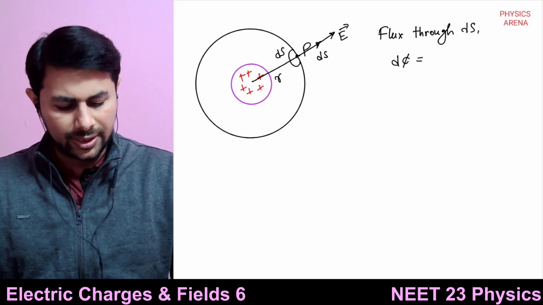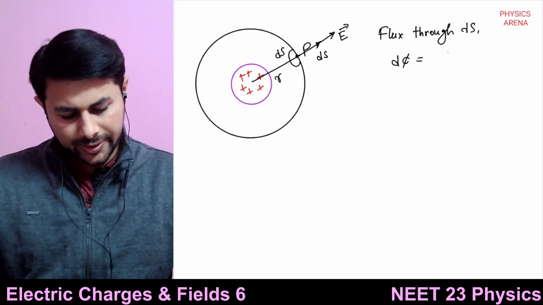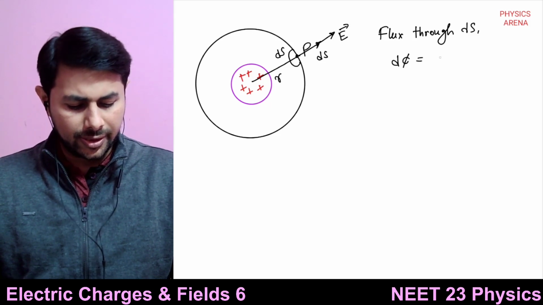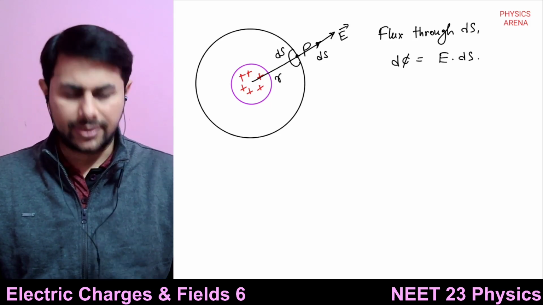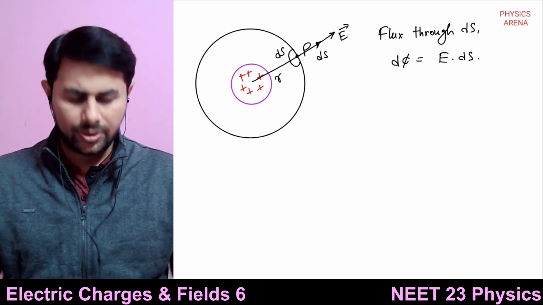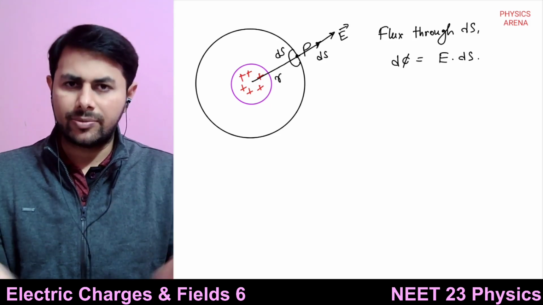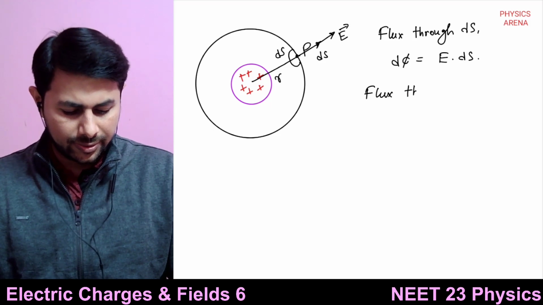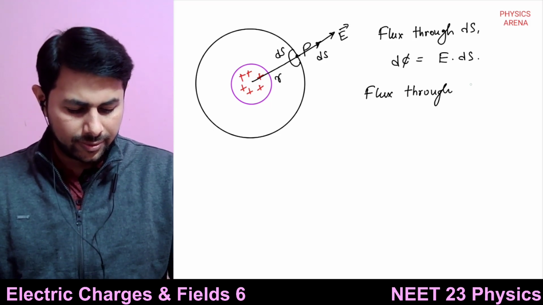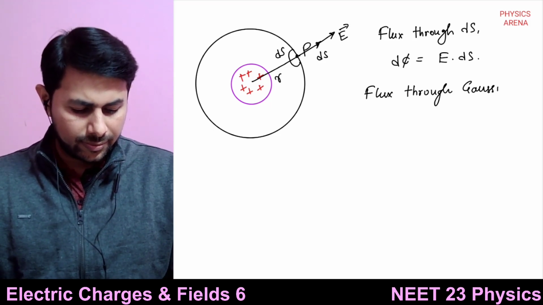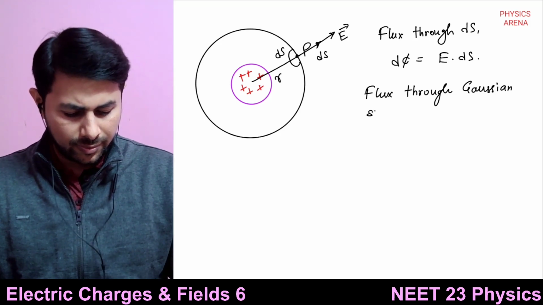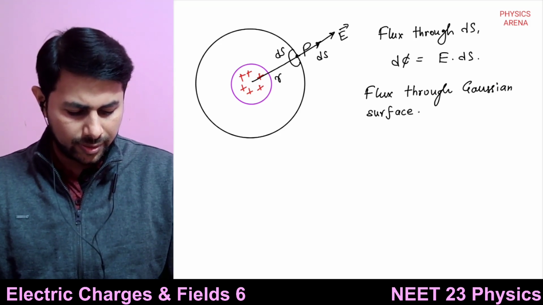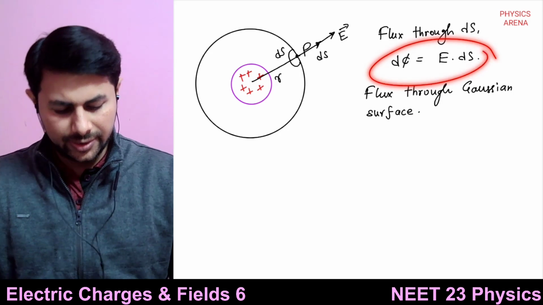So d phi is the flux through ds. d phi is equal to E multiplied by ds, and therefore the flux through the Gaussian surface, which is now outside, is the integral of this.